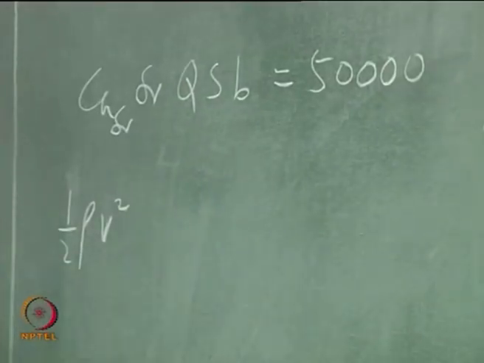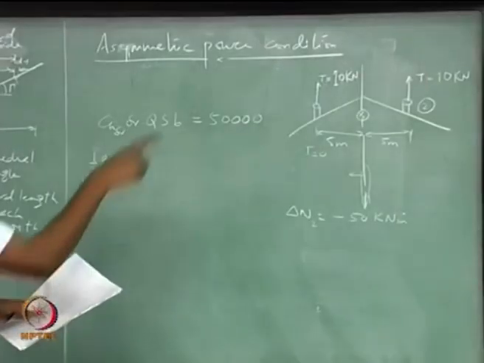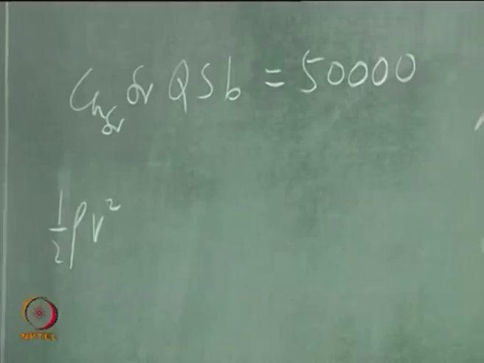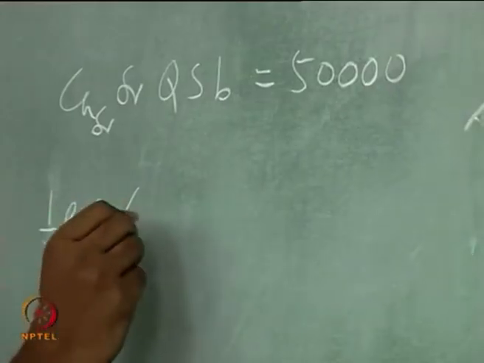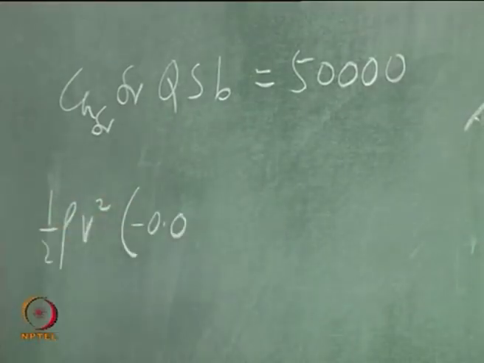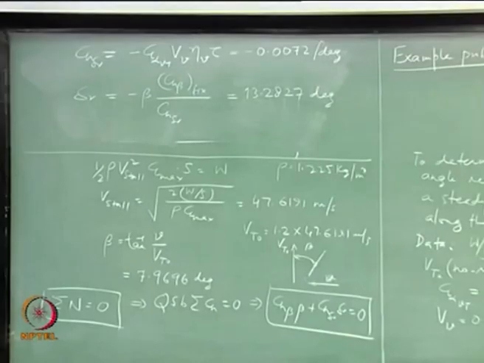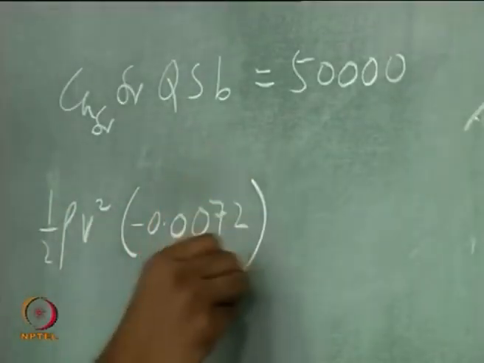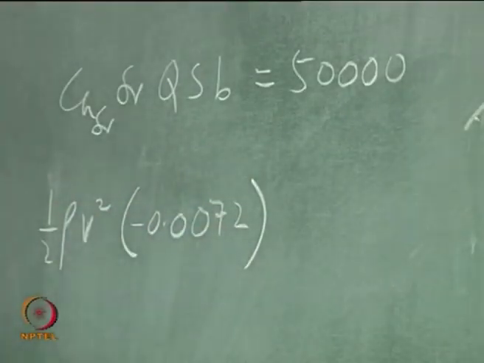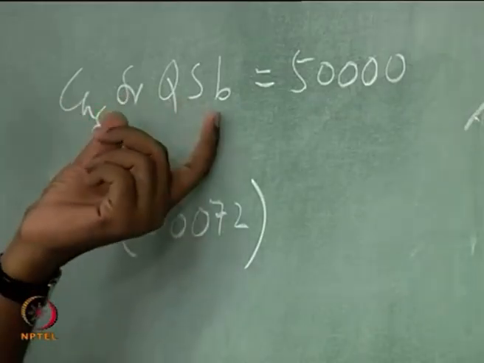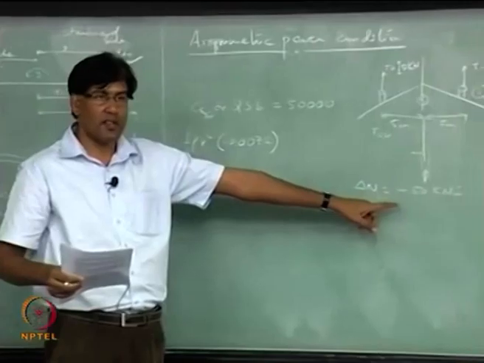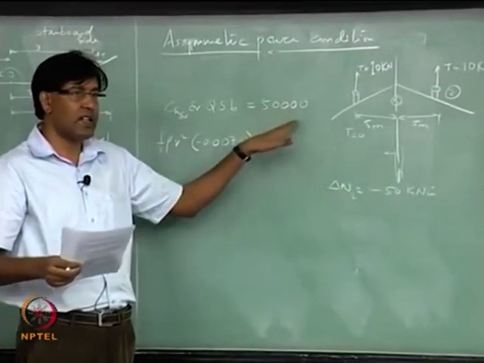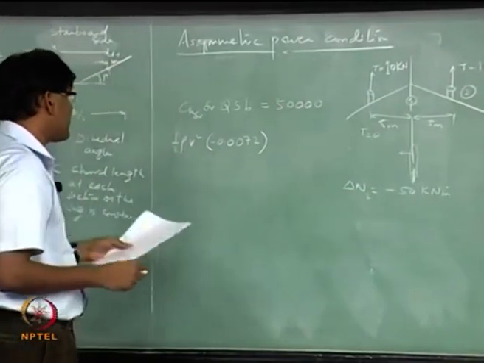Let us use the same data. So, Cn delta R is minus, so actually this plus this should have been equal to 0. So, I have already taken care of that. So, now I am taking it on the right hand side, I am writing this as positive.